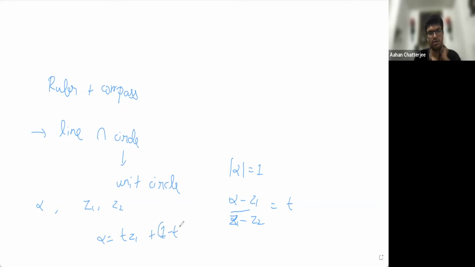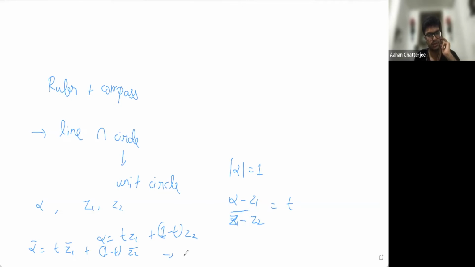So alpha is T Z1 plus (1 minus T) Z2. If you take conjugates on both sides, you get alpha conjugate is T Z1 conjugate plus (1 minus T) Z2 conjugate, since T is real.